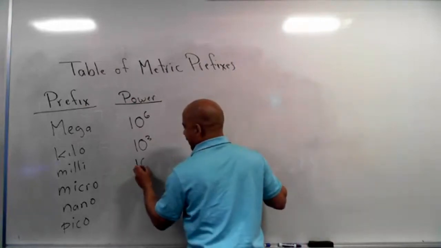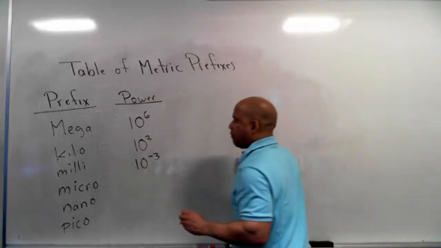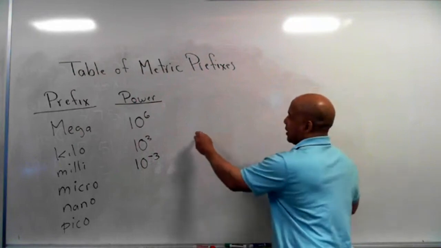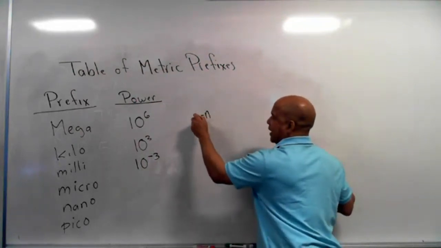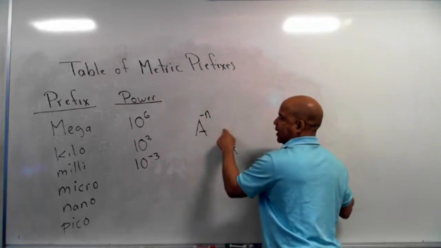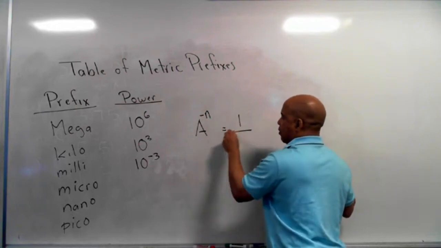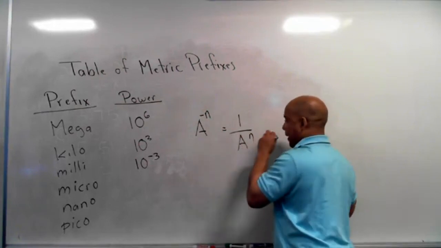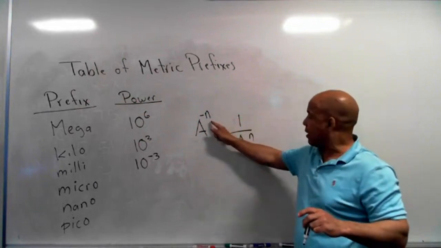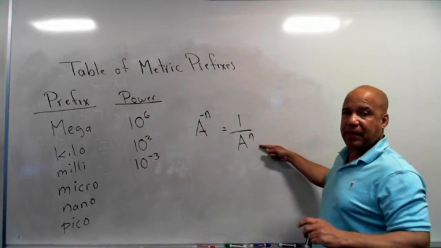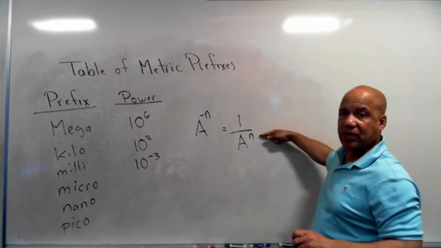Milli is 10 to the minus 3rd. Now, remember in your math class, they said that if you have a to the negative power, that's equal to 1 over a to the n. So if I have a negative power, I want to express that power as a positive number, I can just move it down here to the denominator, and now that exponent is positive.